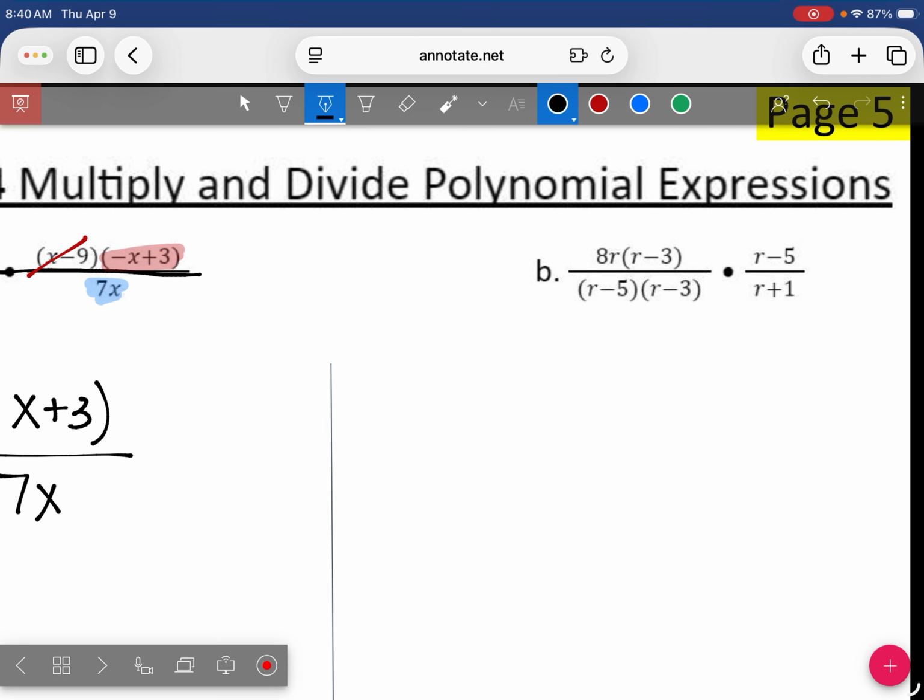We don't need to do a keep, change, flip. Extend the bar. Cancel out what you can.